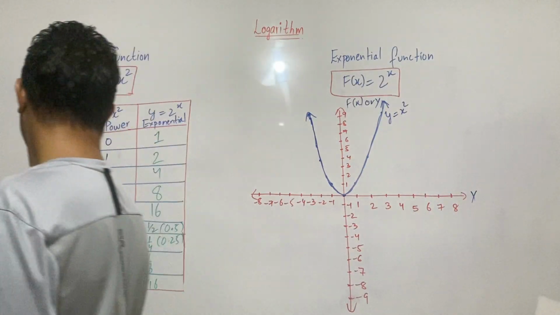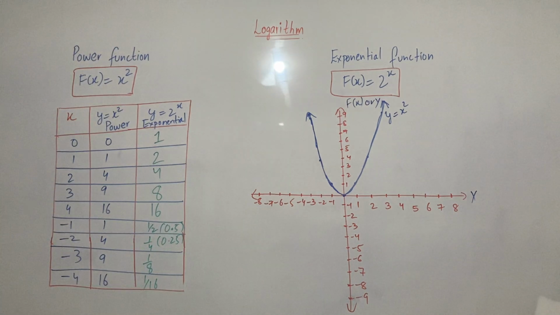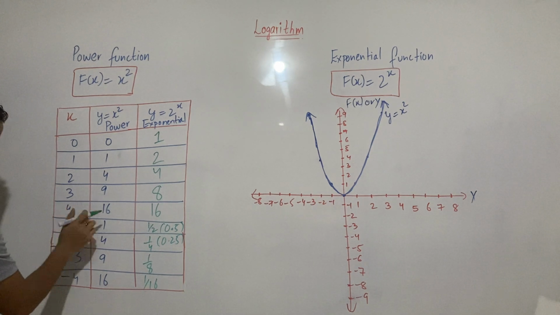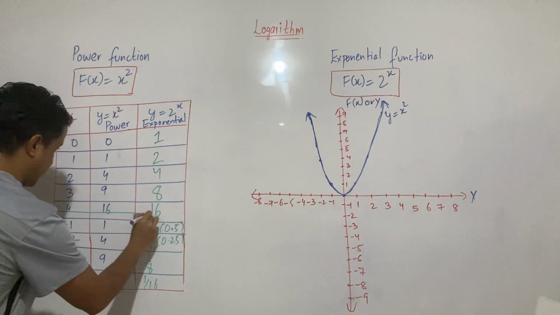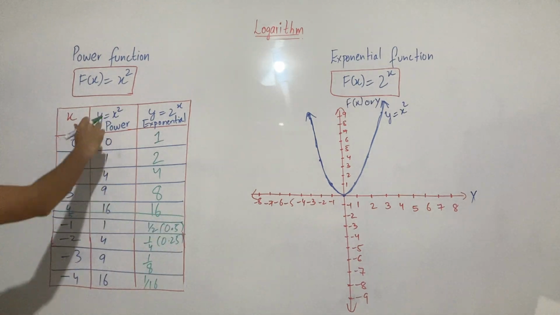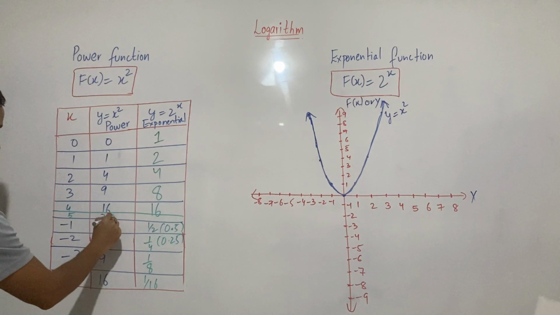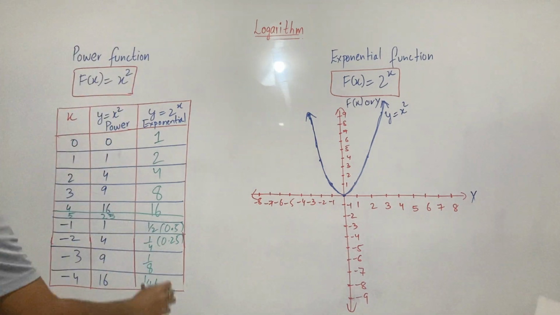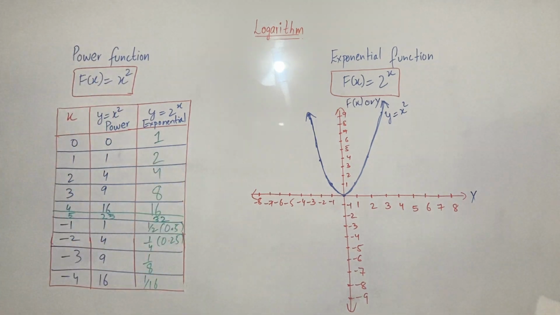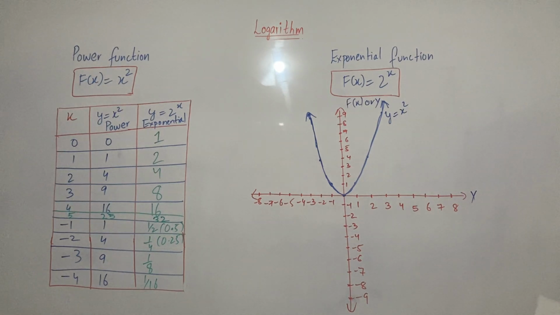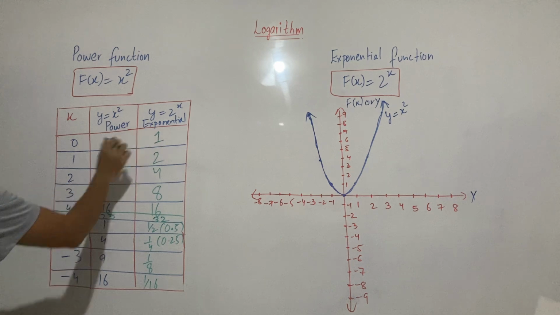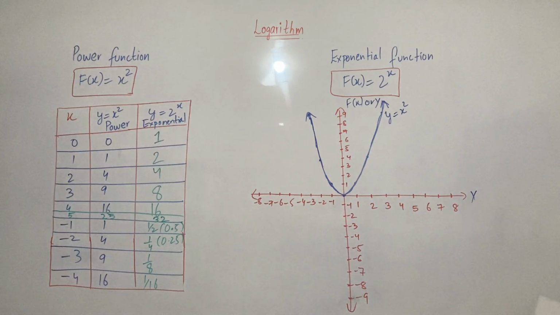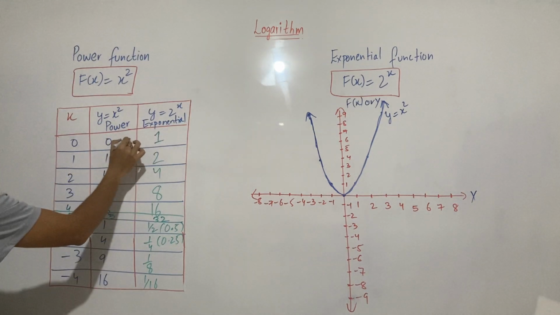Now if I do it for x equals 5, here it would be 5 times 5, 25, and here 2 raised to the power 5 is going to be 32. So now you can see this has a higher value.